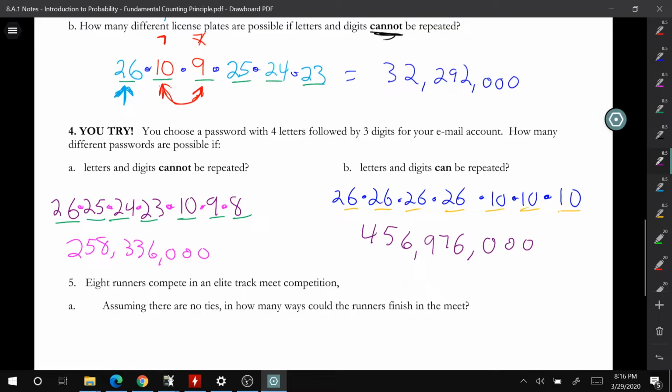Okay, so these are the answers that I got, and I wrote out how I multiplied them. For letter A, we cannot repeat our letters or numbers, and for letter B, you can repeat. So again, each password is 7 characters, but the first 4 are letters, and then the last 3 are digits.